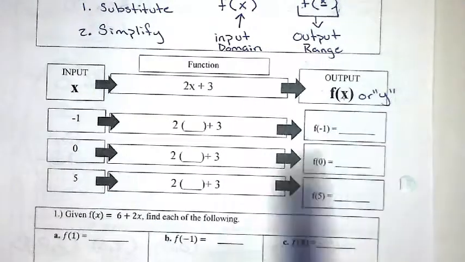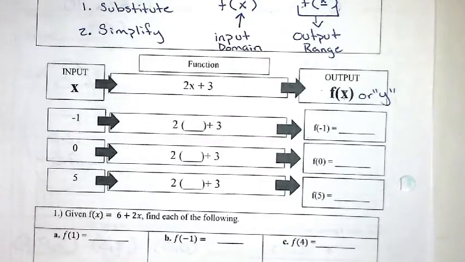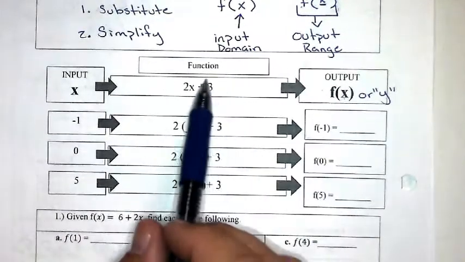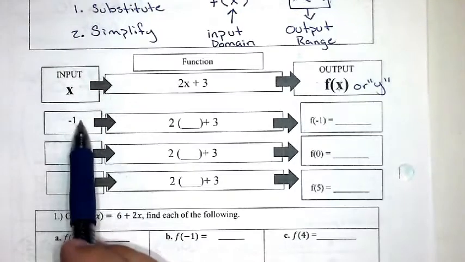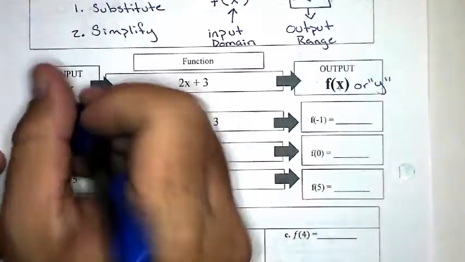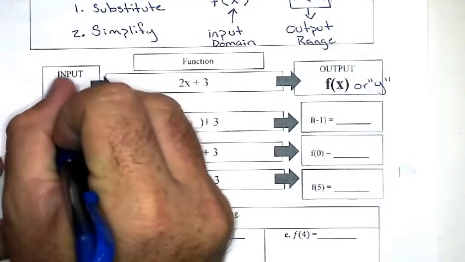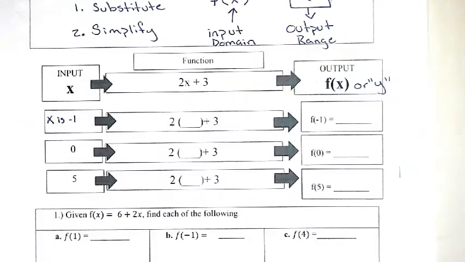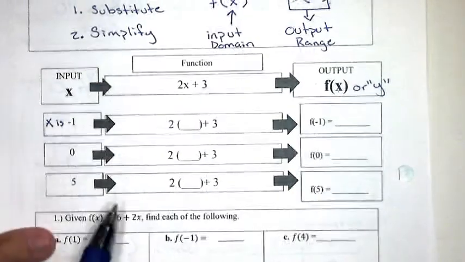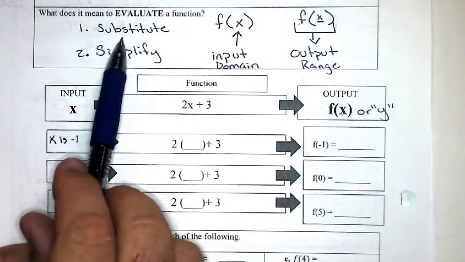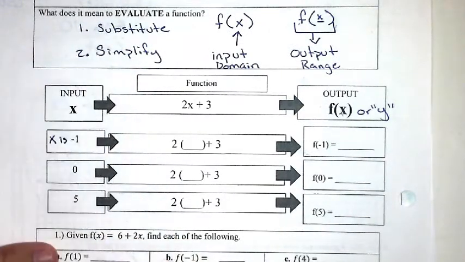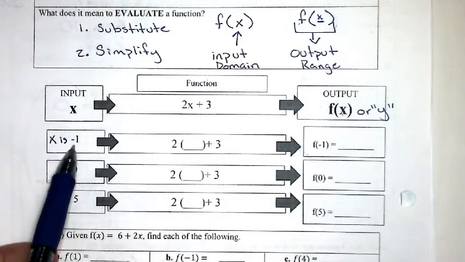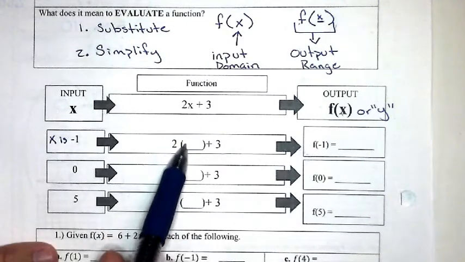Okay? So I'm given a function, 2x plus 3. I am telling you that x is negative 1. What are our two steps here? Substitute and simplify. So x is negative 1. So wherever x was, I replace it with now negative 1.